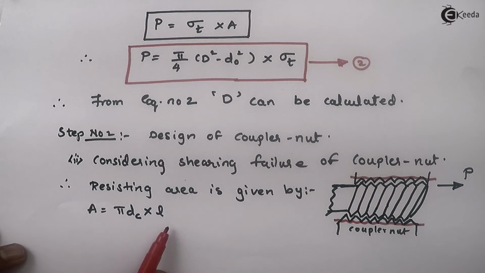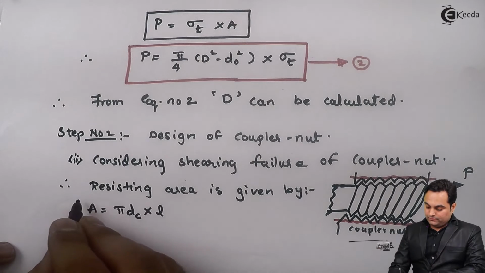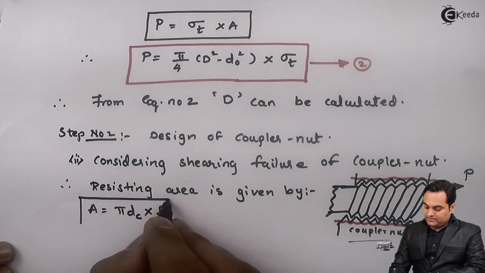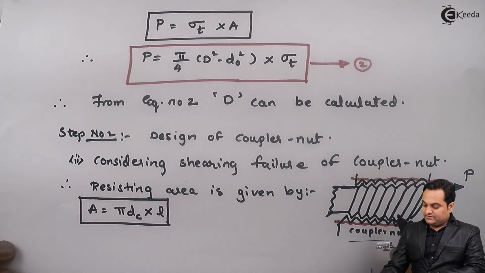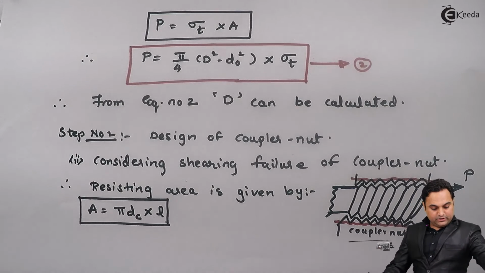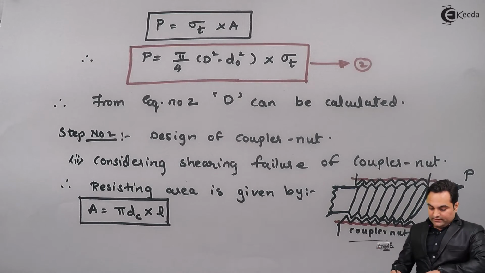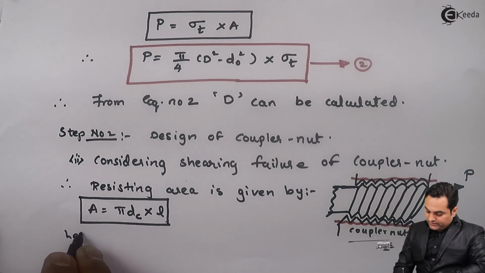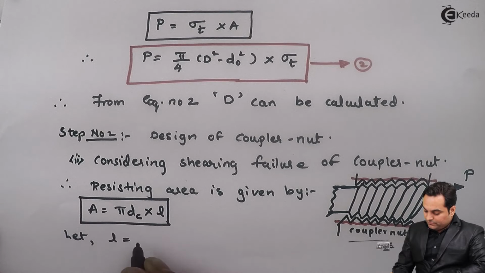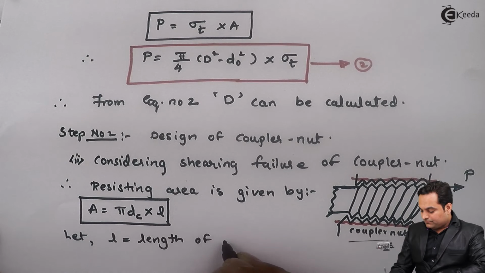So the resisting area is pi DC into the length of this coupler nut. So here the area is pi DC, that is the circumference multiplied by length, where let small l be equal to the length of the coupler nut.